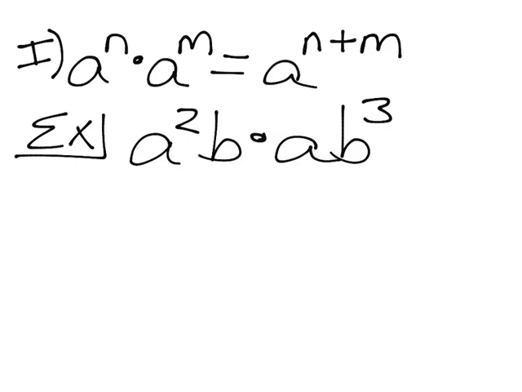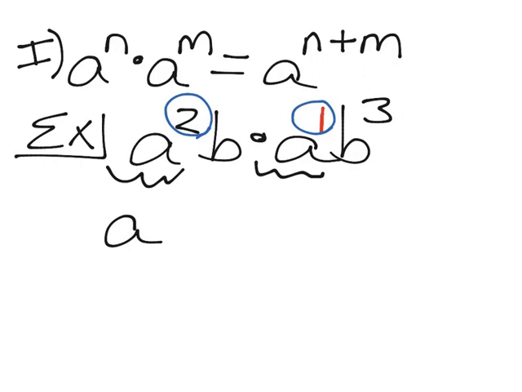All right, so we have a squared and a, which are like variables that are being multiplied. And so we're going to add the exponents, understanding that this a has an exponent of 1. And we add the 1 with the 2, and the exponent ends up being a to the third.